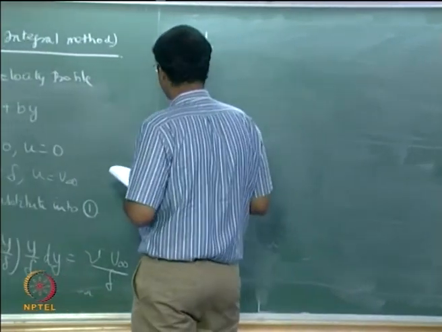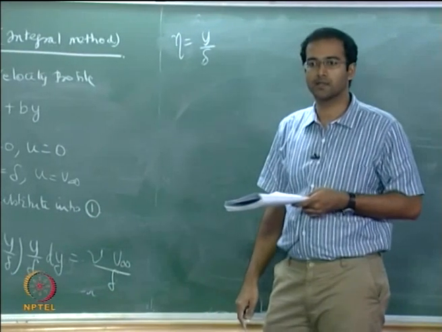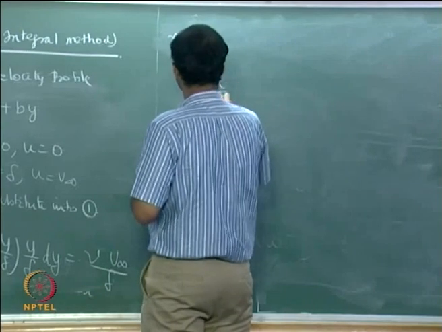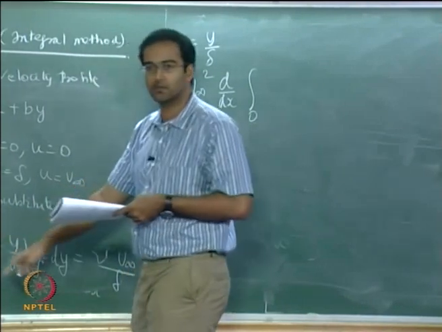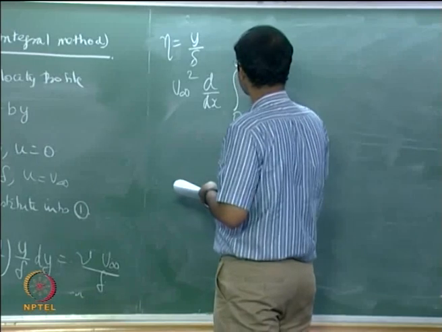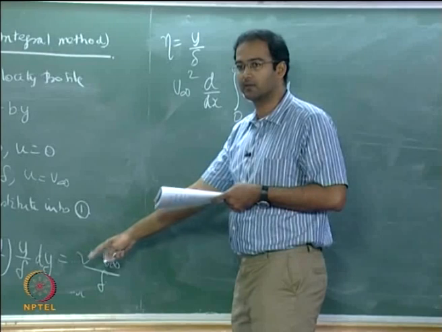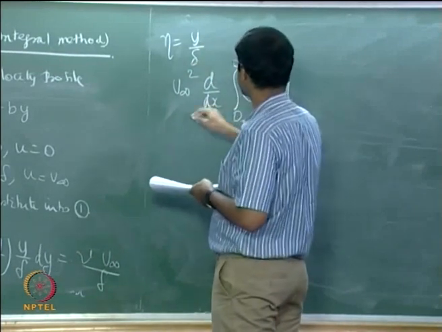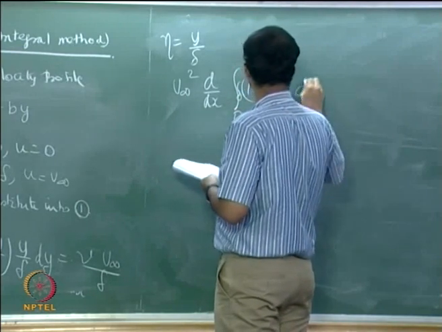If I do that, I can transform y in terms of the non-dimensional eta. This will become u infinity square d by dx. Now the integral from 0 to delta will become 0 to 1 in terms of eta, of 1 minus eta, into dy by d eta into d eta. Now dy by d eta will be delta, so I can put this delta here into d eta.